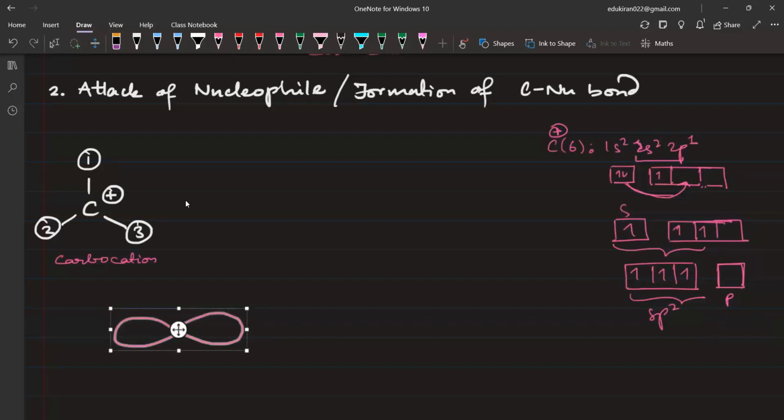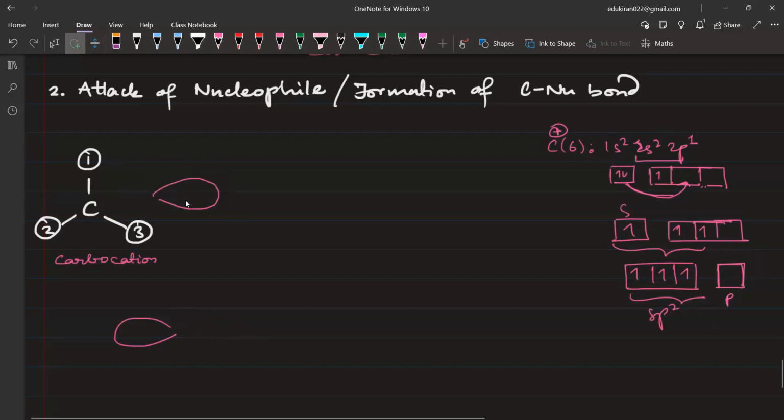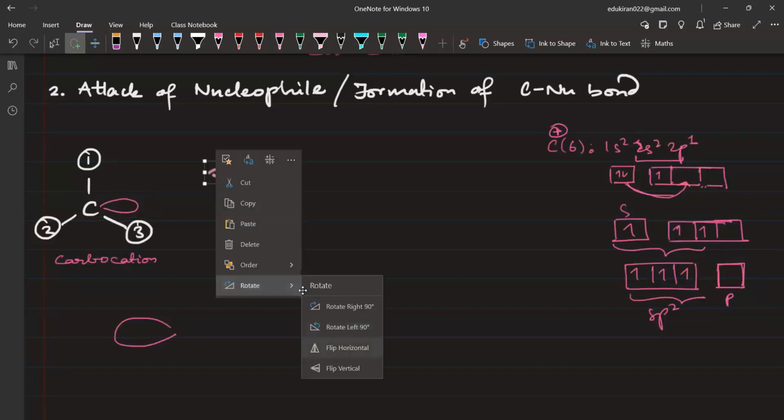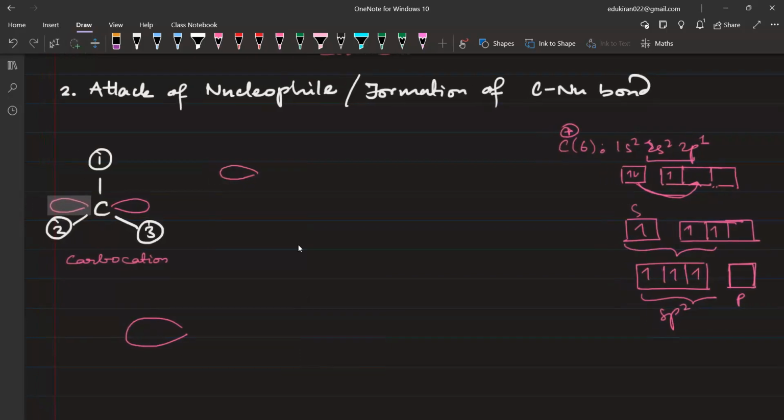ठीक है, तो ध्यान से देखिए यहाँ पे, इसको मिटाते हैं, and I am going to put the p orbital like this. ठीक है, so we have the p orbital. ध्यान सुनिए जरा.